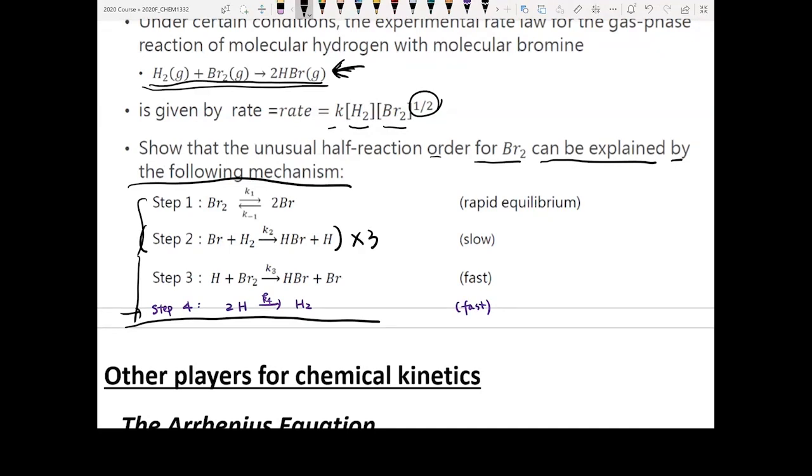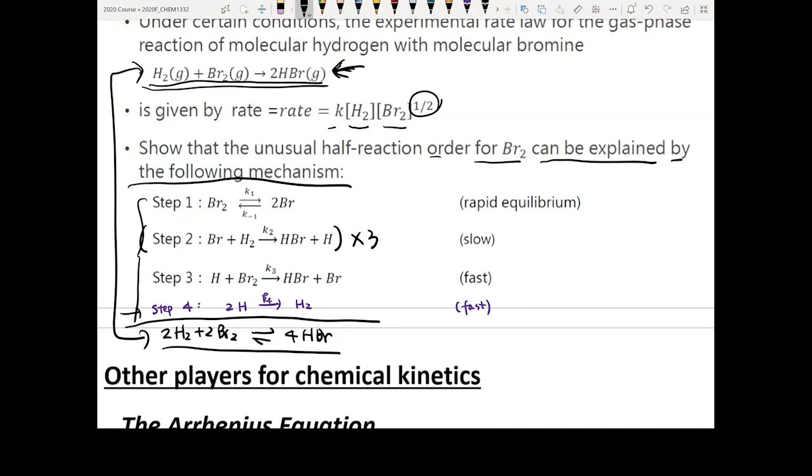When you do this, you will end up with plus 2Br2, which gives you 4HBr. You can see it's not exactly the same, but if you divide the coefficients by 2, then it gets back to the original balanced equation. So that's the first step that you need to do here.